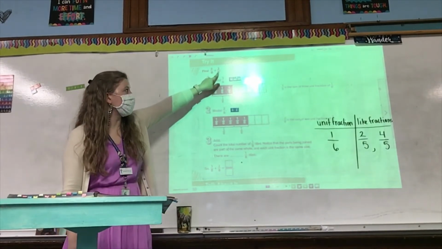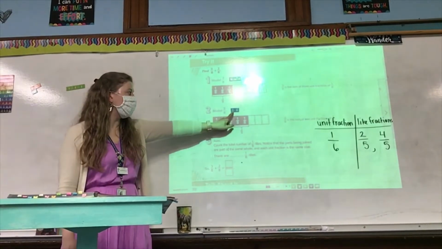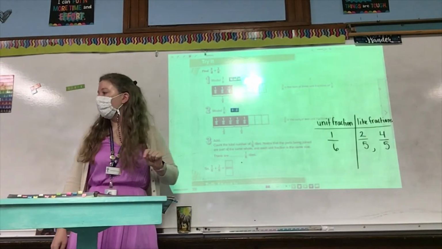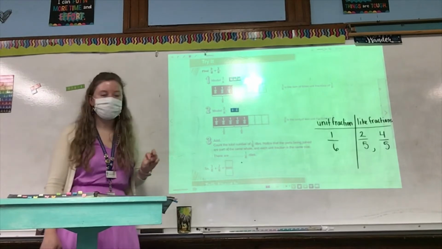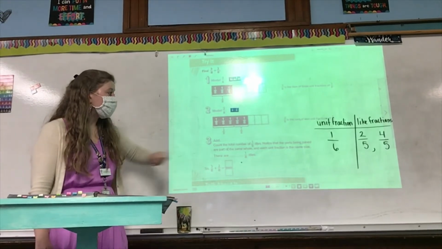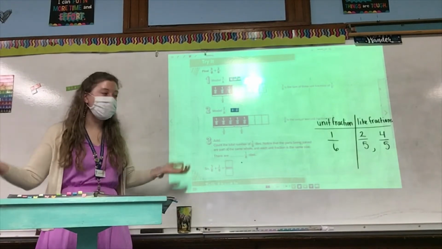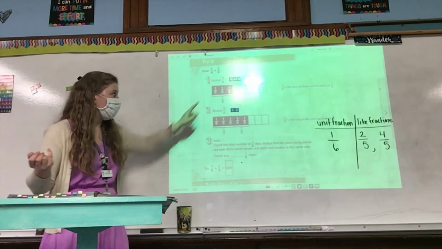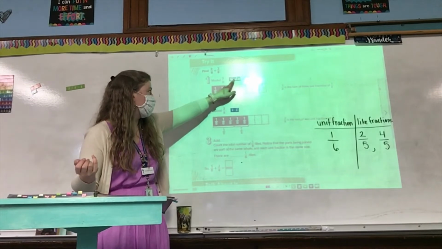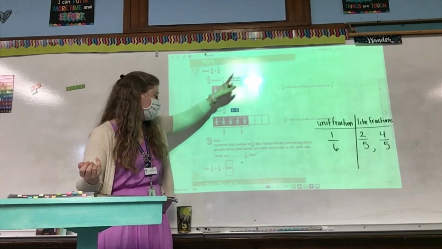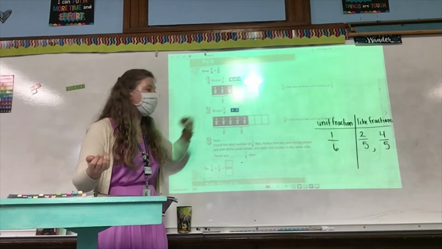We modeled our second addend, 2/8, by putting 1, 2 1/8 tiles together. Step 3 is to add. We count the total number of 1/8 tiles. 1, 2, 3, 4, 5.